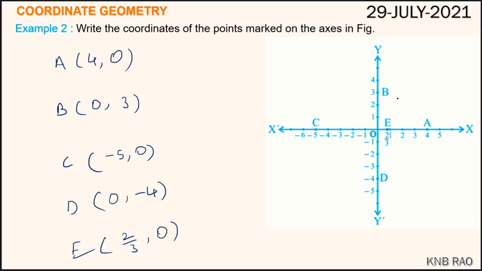Okay. These are the points lying on axis. Even O lies on axis, both of them, it lies on both of them, not on any one alone. A lies only on x, B lies only on y, but O lies on both the x and y axis. So, its coordinates are very well known to you, 0 comma 0.